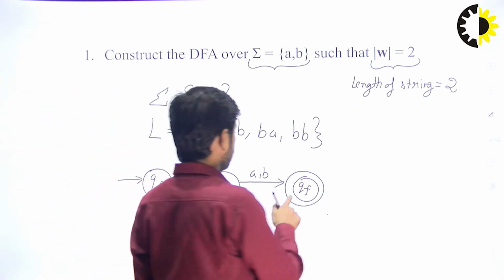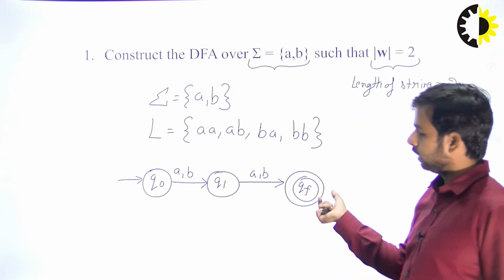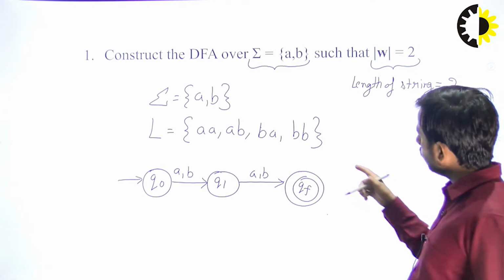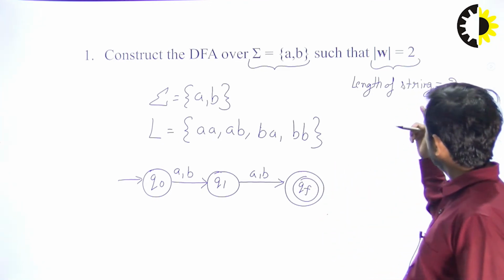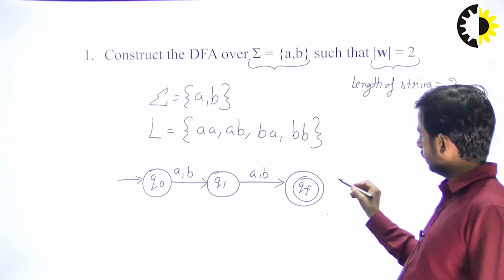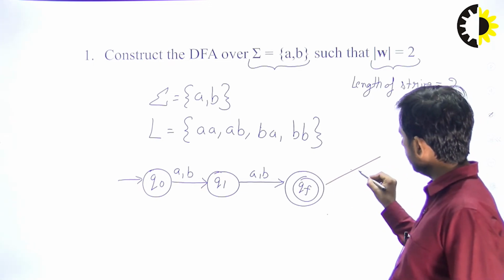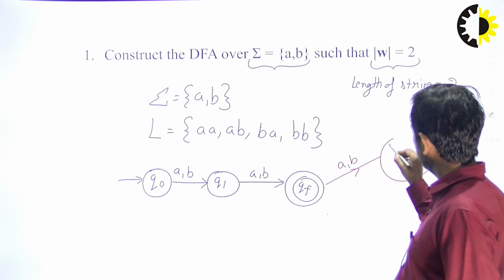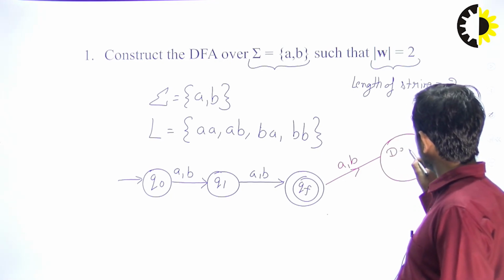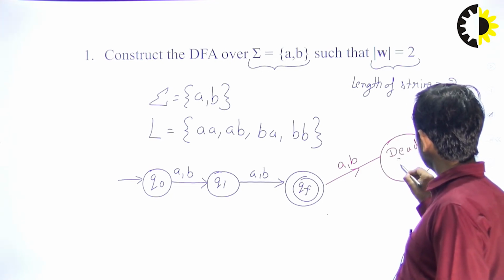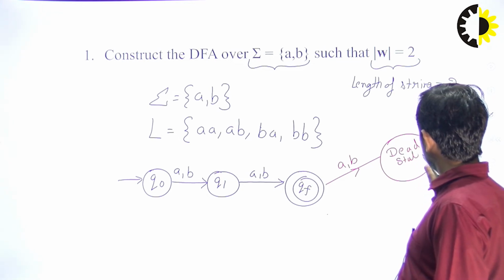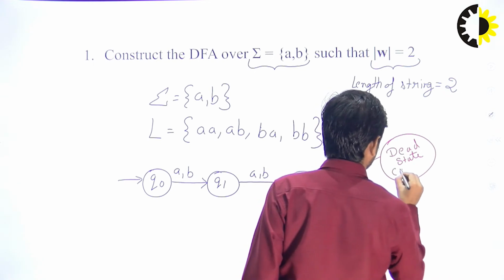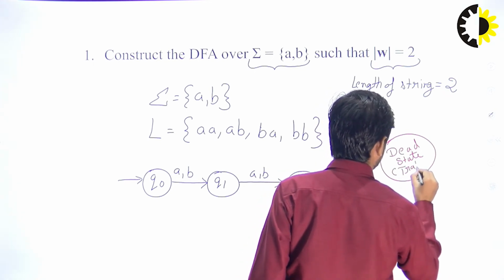Now what about the input at the final state? All strings other than length 2 will be rejected. So if A and B come at the final state, it will go to the dead state, or you can call it a trap state.